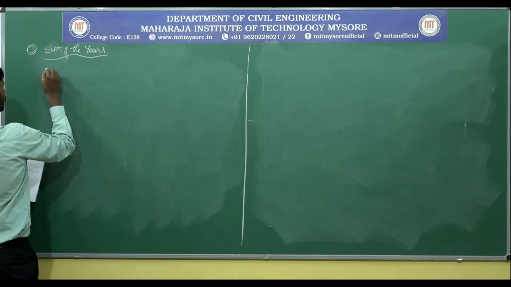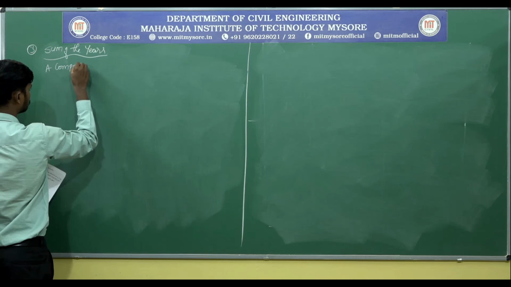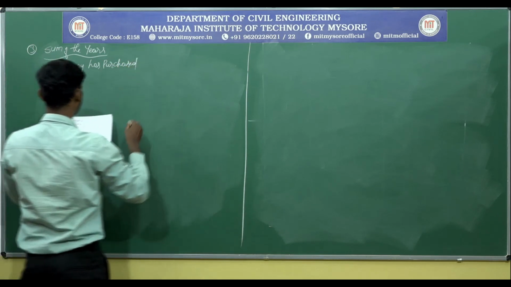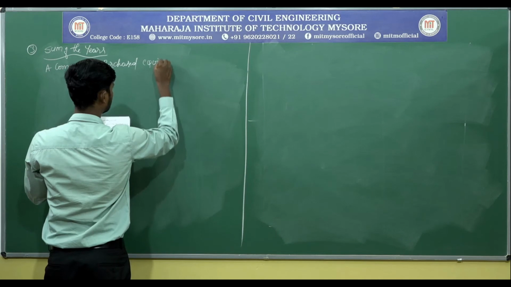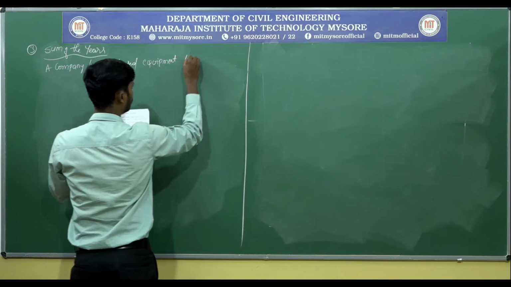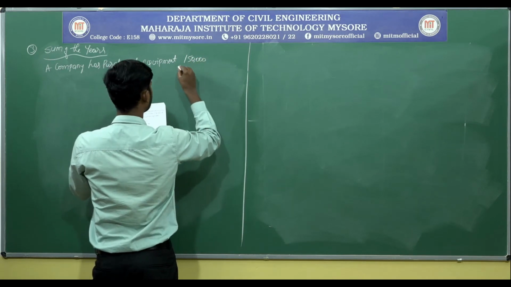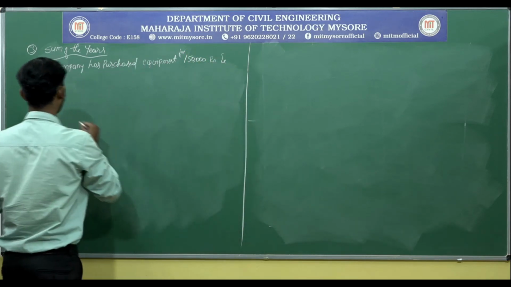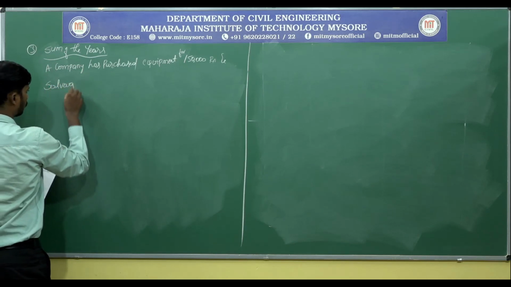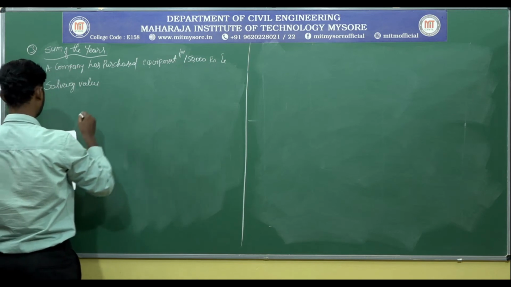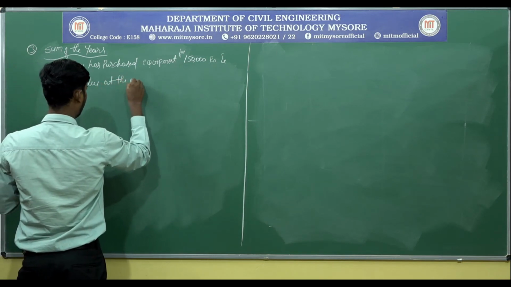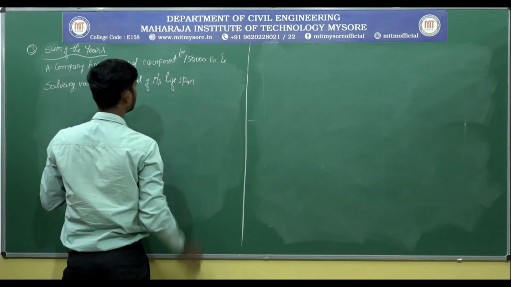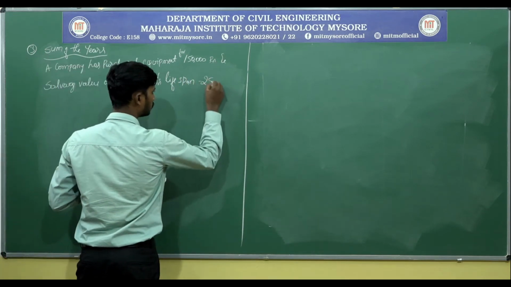In this type, a company has purchased an equipment for 1,50,000 rupees, and salvage value at the end of its lifespan is 25,000.